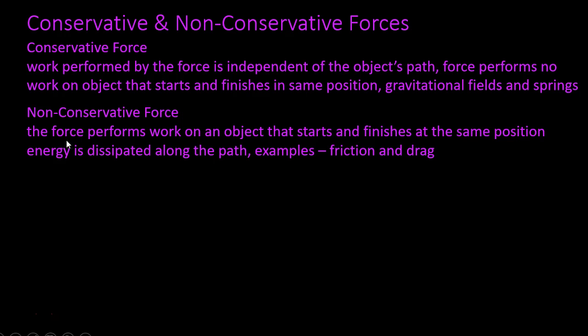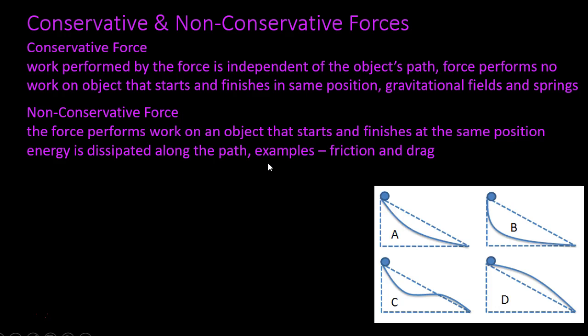But regardless of the path taken, with non-conservative forces, energy is dissipated along the entire path so that even if an object winds up back at its starting point, work was done to get it there. Most common examples of non-conservative forces are friction and drag. So let's take a look here. We've got 4 different inclines.